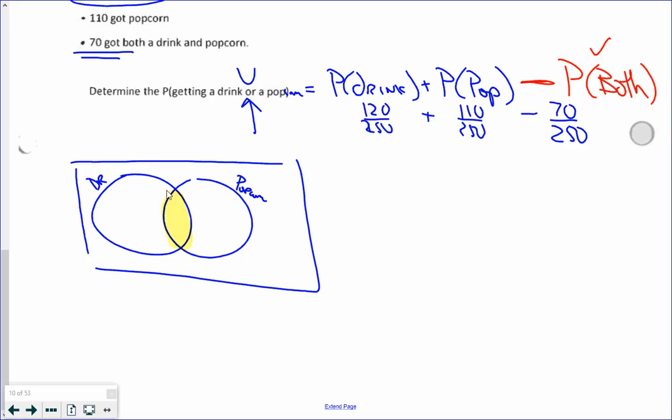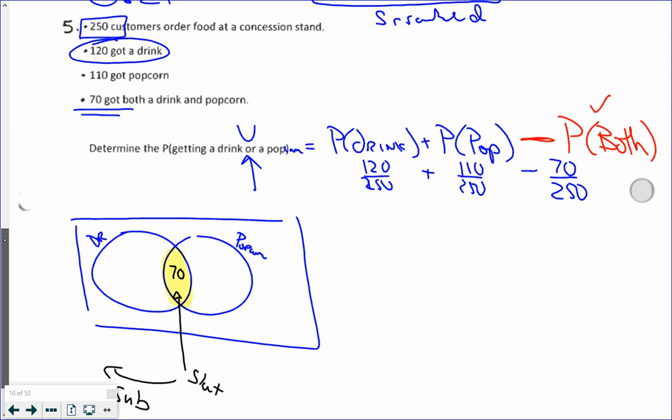This is where you start. So my start is 70. Now remember, you subtract as you go out, right? So the drink total was 120. So the drink circle has to be 120. But you've already got 70 here. So that means you have to put a 50 there because you have to go 120 minus 70.